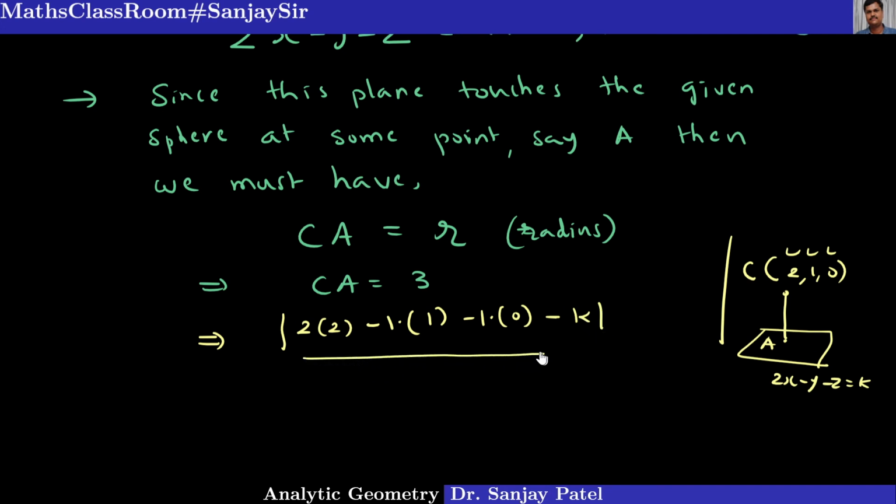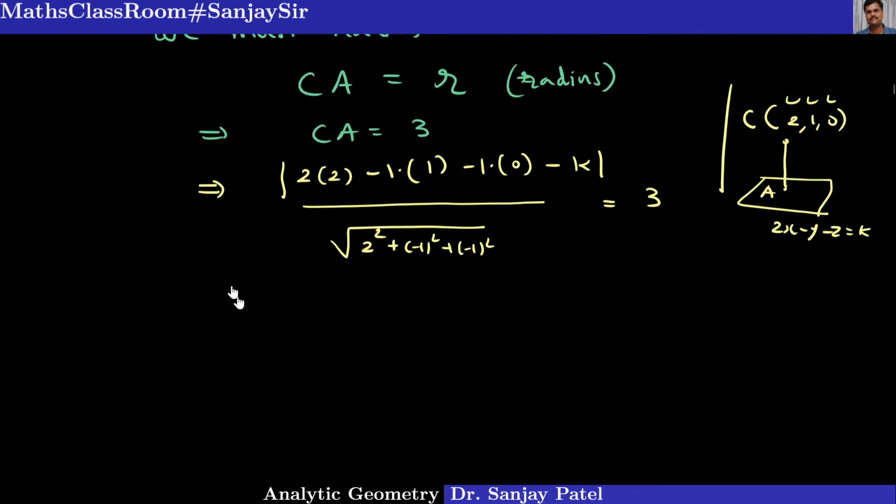This upon the square root of what? a square plus b square plus c square, meaning 2 square plus minus 1 square plus minus 1 square. This is the formula you have done in your higher secondary course. And what is the right hand side? It is 3. So we get this equation.